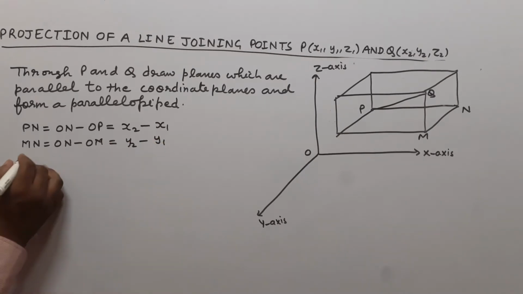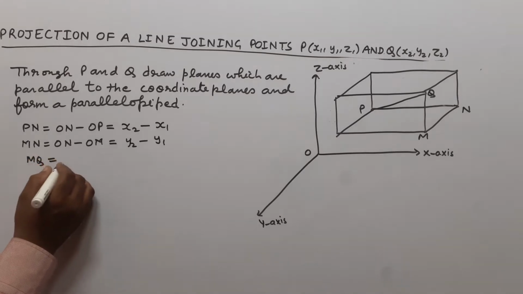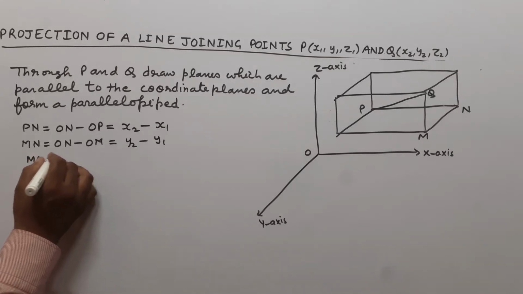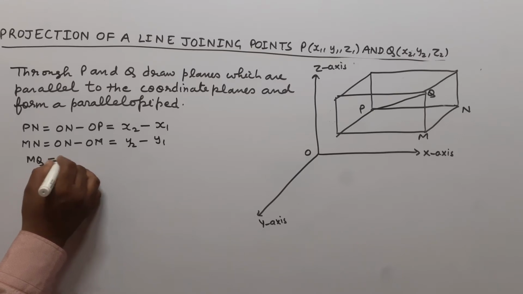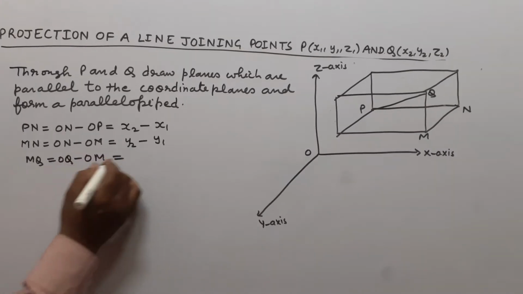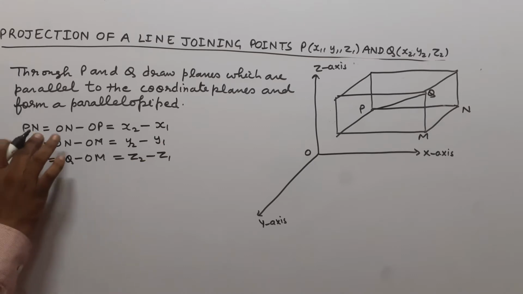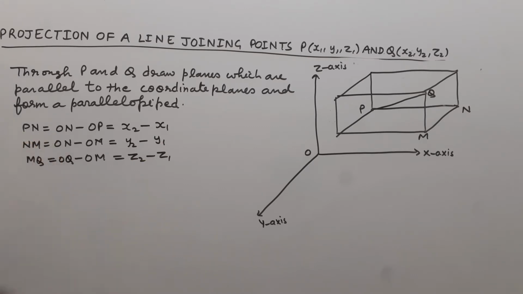Similarly we find MQ. MQ is OQ minus OM, and OQ is z2 and OM is z1. MN can also be written as NM.